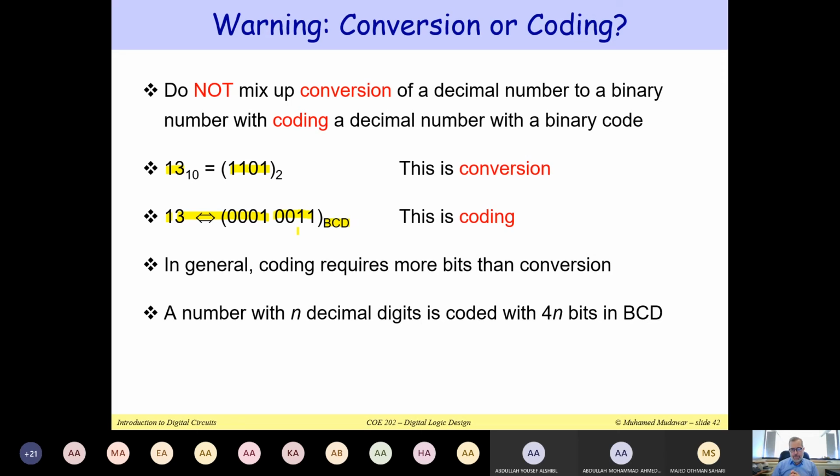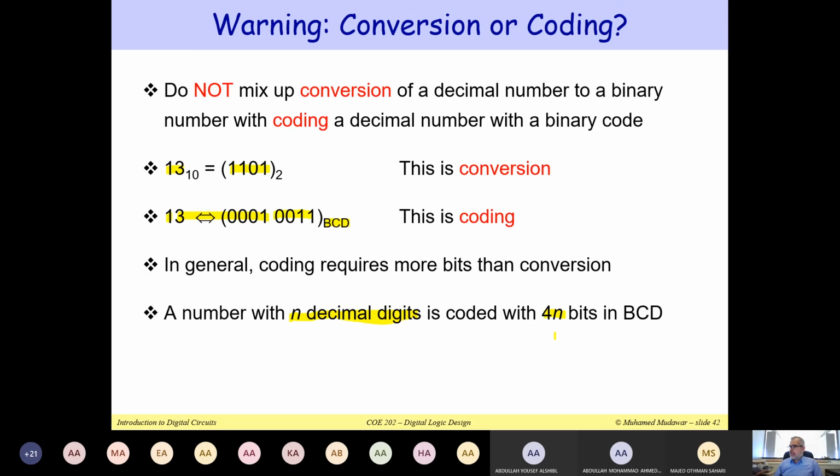If the number has n decimal digits and you would like to code it, then you need 4 times n bits in BCD. Whereas if you convert it to binary, you might actually get far fewer bits. So there is a difference between converting the decimal number to binary and coding it in BCD.